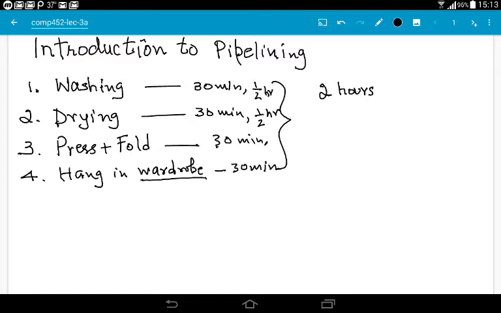So after we have completed one load, we start the next load, and then after that we start the next load. Okay, so let's suppose we have n loads.